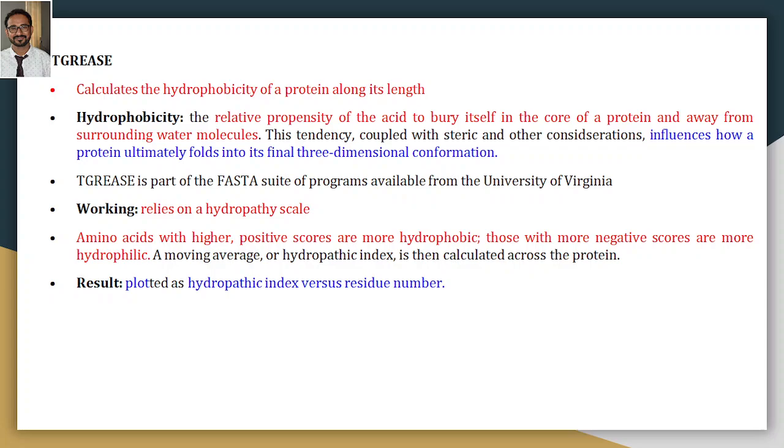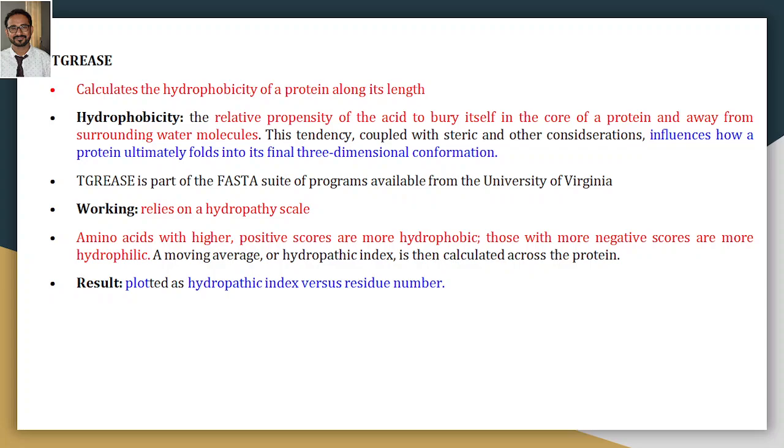So T-grease is part of the FASTA suite of programs available from the University of Virginia. It relies on a hydropathy scale. Amino acids with higher positive scores are more hydrophobic. If there are more hydrophobic amino acids, T-grease will give you a more positive score, and those with more negative scores are more hydrophilic in nature.